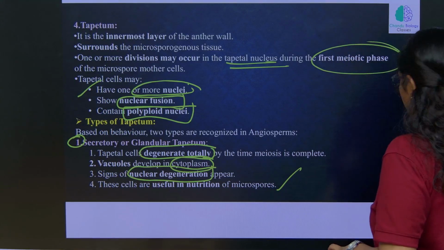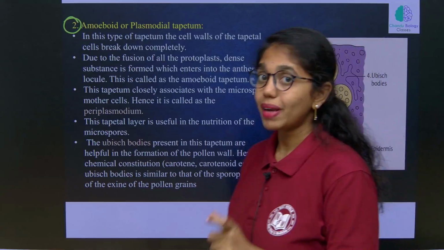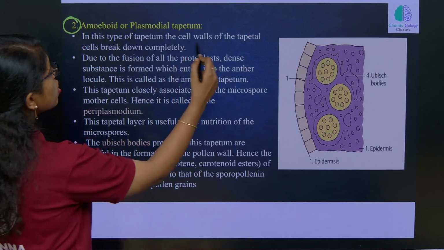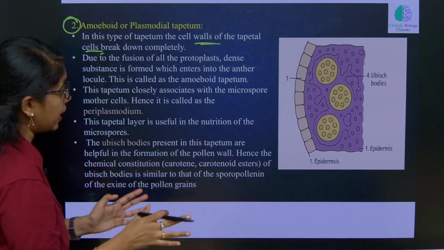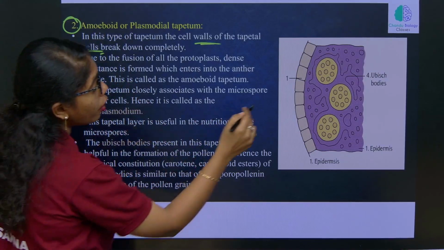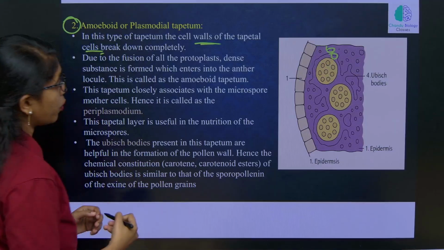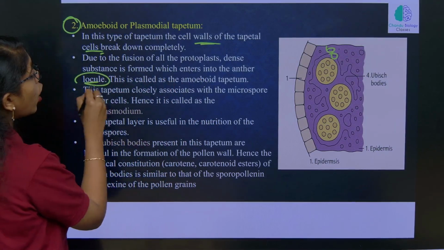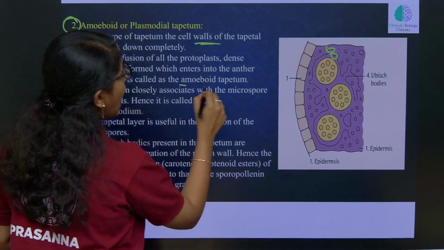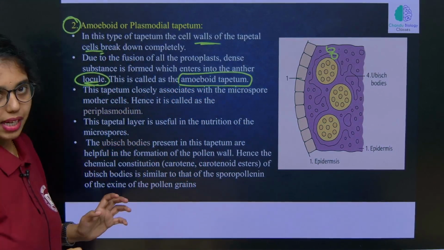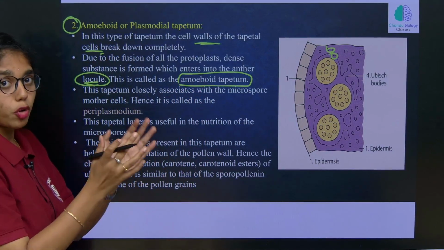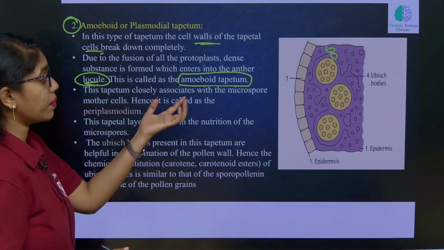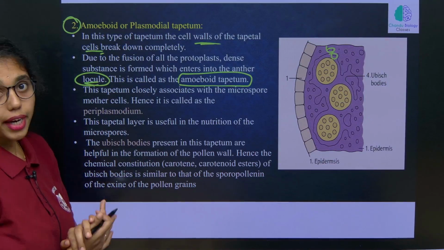When it comes to amoeboid or plasmodial tapetum, the cell walls of tapetal cells will break completely, and due to the fusion of the protoplasts, dense cytoplasm is formed which enters into the locule. As cell walls break and protoplast fusion happens, this enters into the locules and becomes shapeless. That is why it is called amoeboid tapetum.